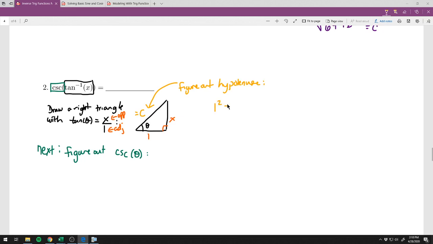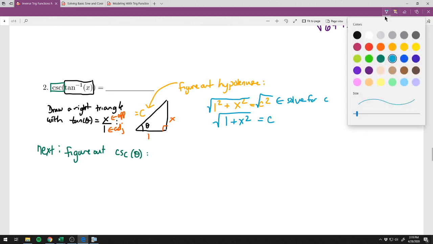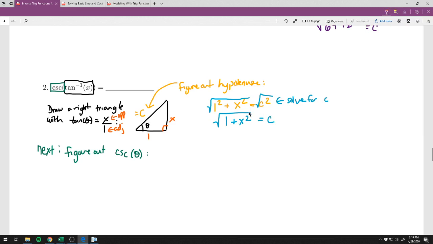We got 1 squared plus x squared equals c squared, and we're solving for c. We already got c squared by itself. We do the square root just like last time. We got the square root of 1 plus x squared equals c. And that is what we plug in. So the hypotenuse is the square root of 1 plus x squared.